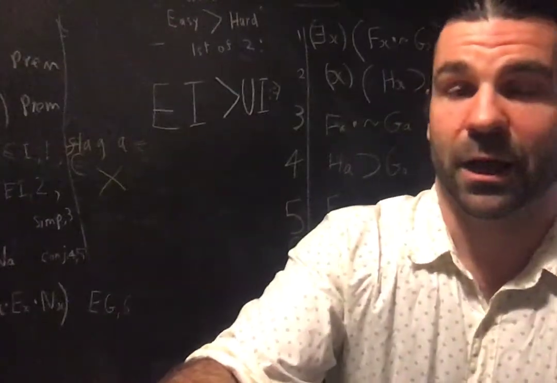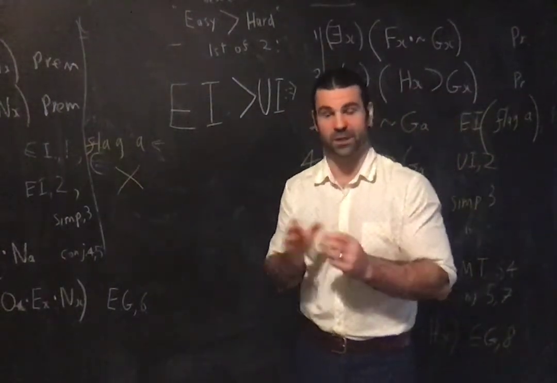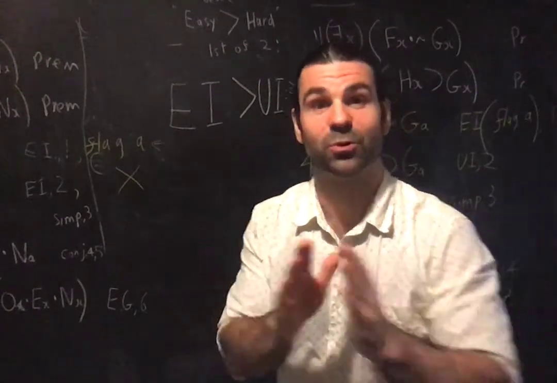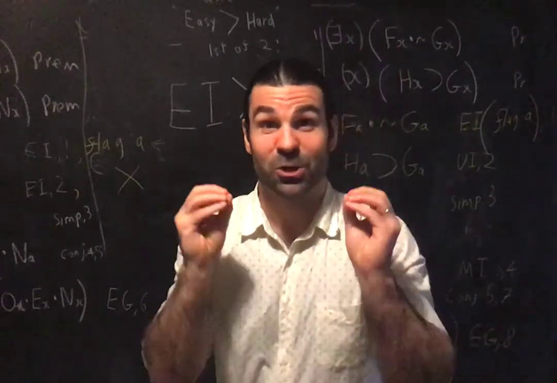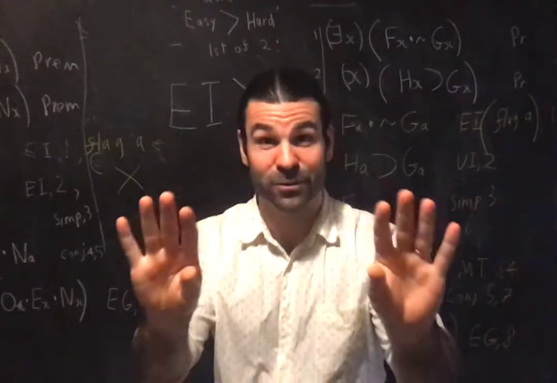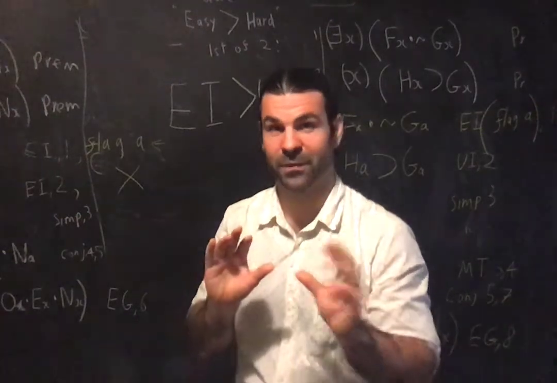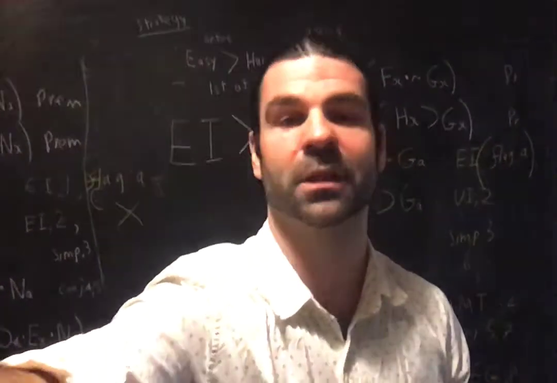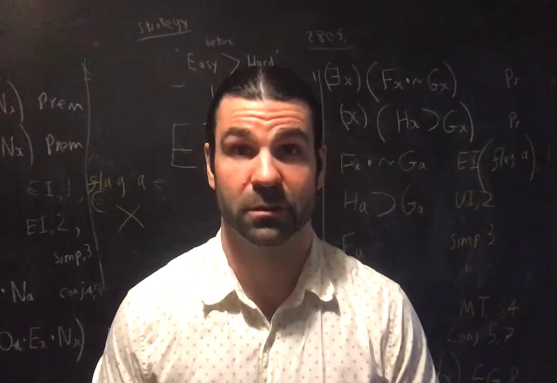Okay, so good. Now, with that in place, something crucial for you to grasp is that the easy rules, the rules that do not require restrictions on their use, don't require restrictions on their use. So don't confuse the rules that require restrictions with those that do not. A crucial point of strategy comes out of the fact that of your two instantiation rules, one is easy, one is hard. Existential instantiation is a flagging rule.